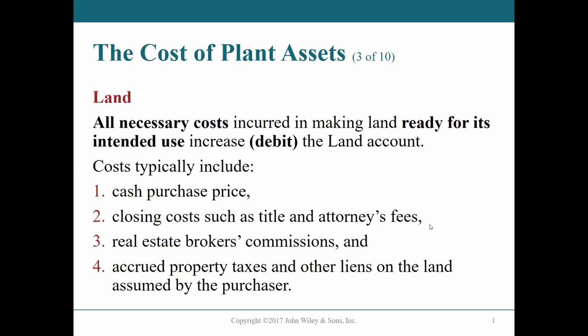So if I buy a building and I've got to do some repairs to it before it's ready to put into service and actually use, those costs of getting an asset ready to function, those are all part of its cost.